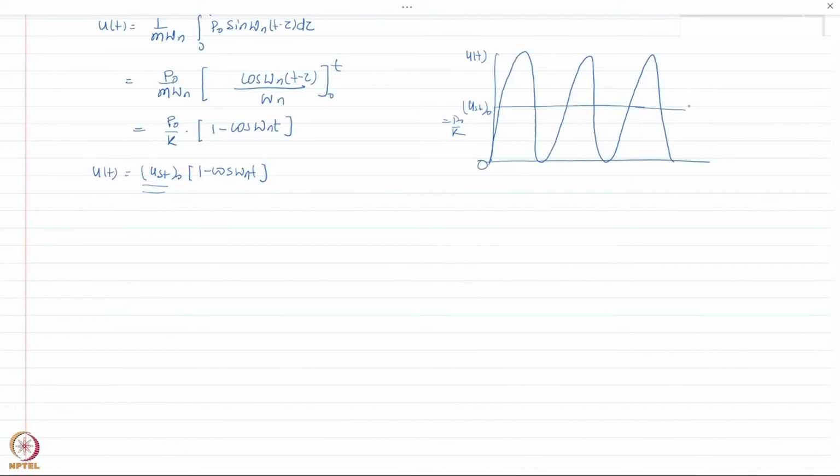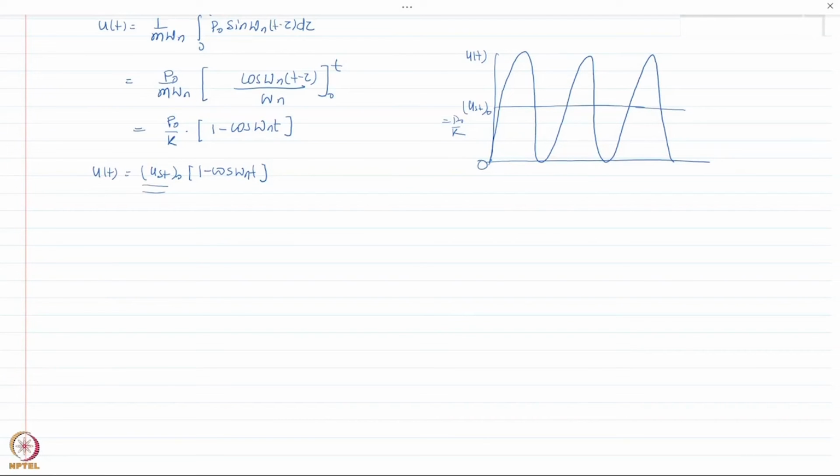So basically when you apply a step force, what do you see? The system starts oscillating about its natural frequency, about a new equilibrium position, which is the static displacement of the system due to the load p naught.